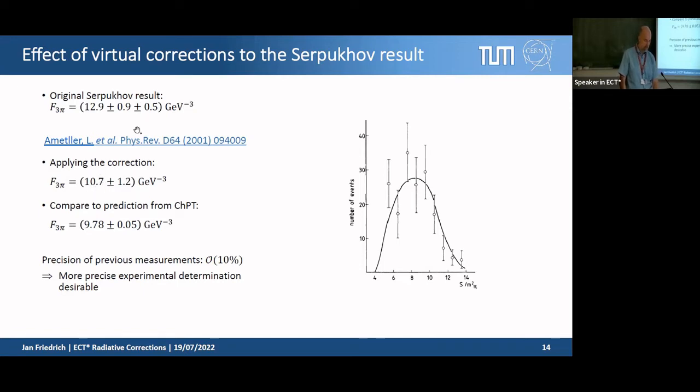And you see here, if you take into account the comparatively large error at the 10% level, that one is quite well in agreement with the theoretical expectation. But of course, this asks for more precise data.